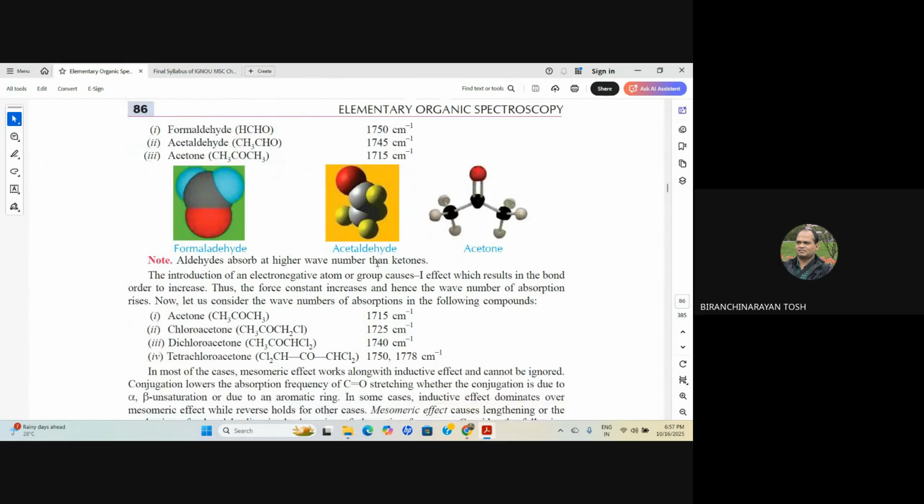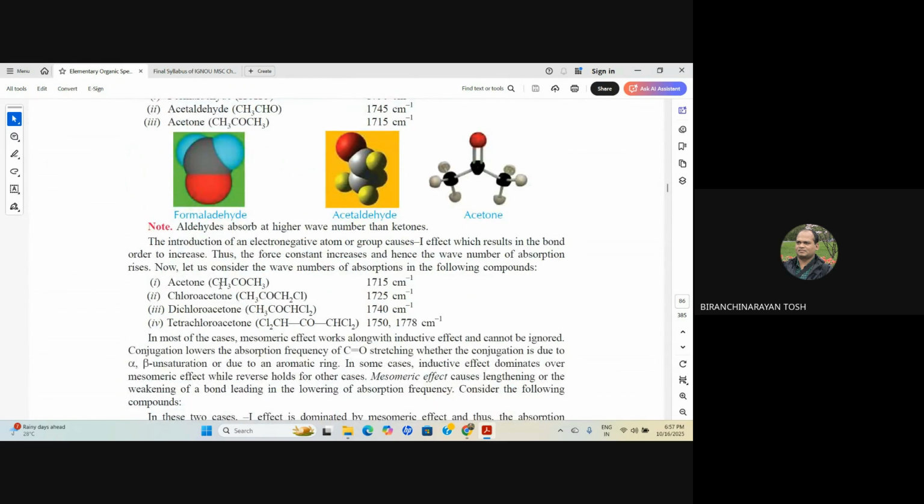So that way we have to compare acetone and chloroacetone. What happens in chloroacetone? A minus I group is attached. Chlorine has a negative inductive effect, so polarity will be created. So the carbon bond polarity will be there, and it will be stronger.